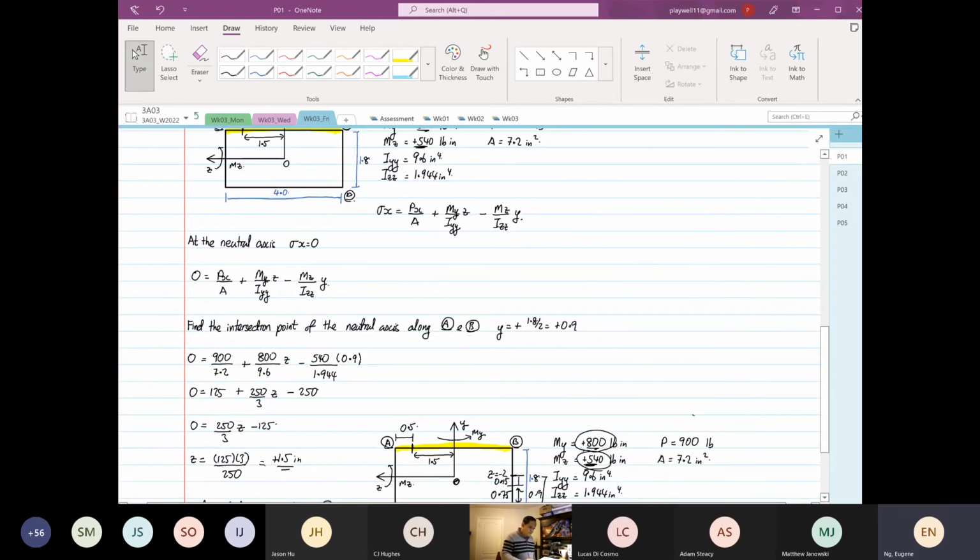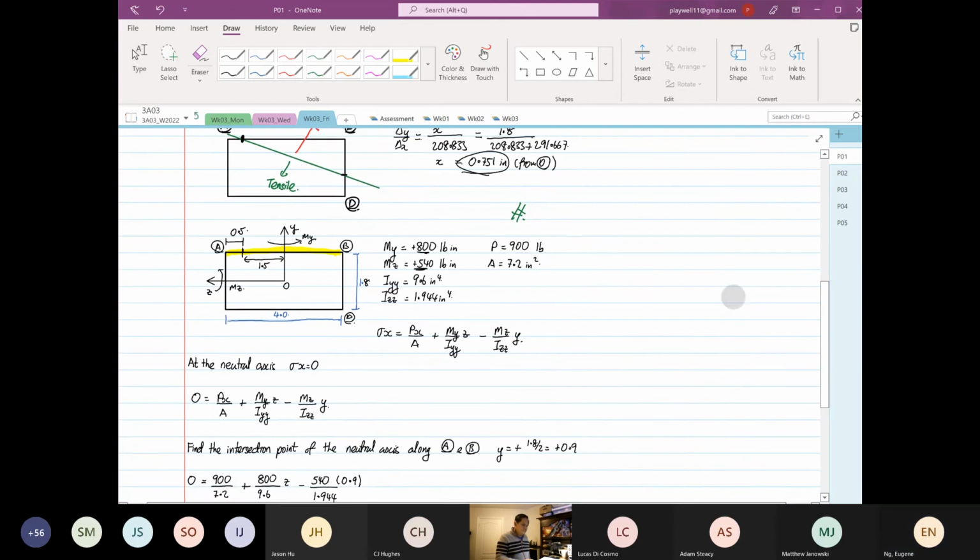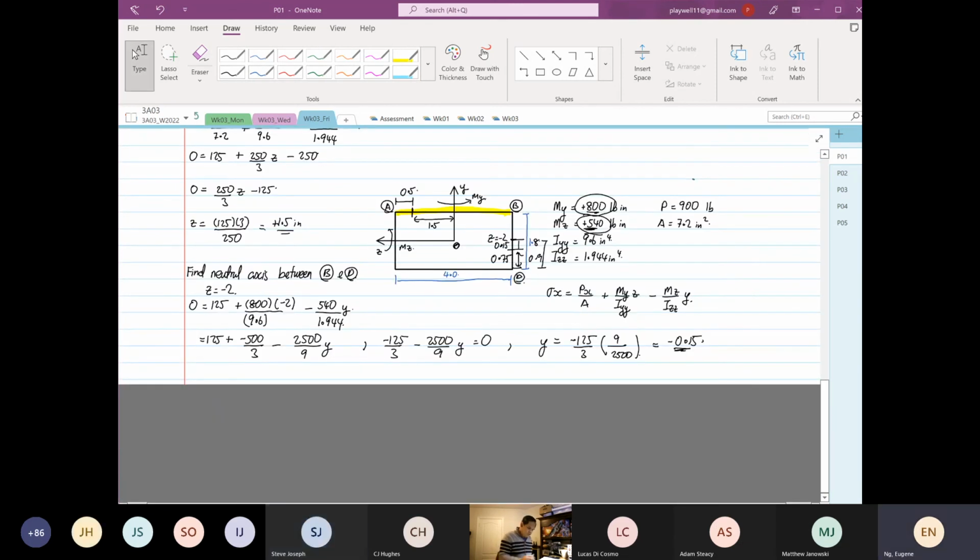If you use either way for the... Yes, why is the Z minus 2? Because Z positive is going towards the left. So we don't use the 1.5 that we calculated? You're talking about the second example, right? Where Z equals minus 2?